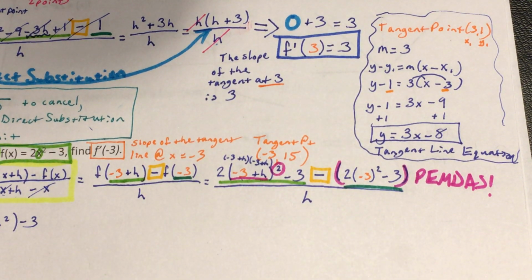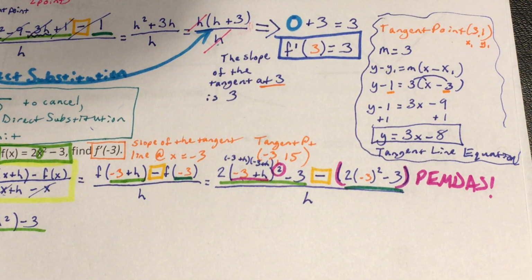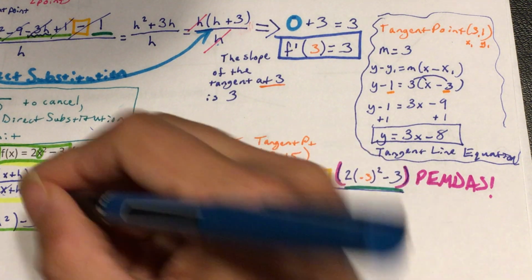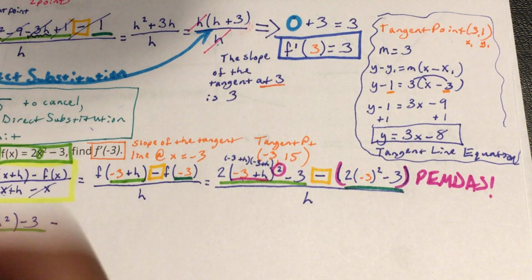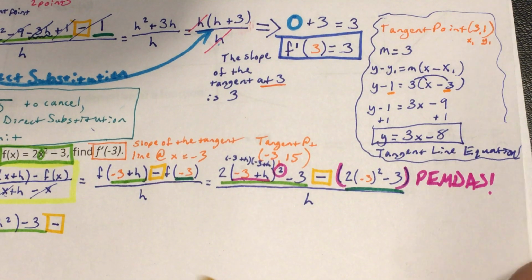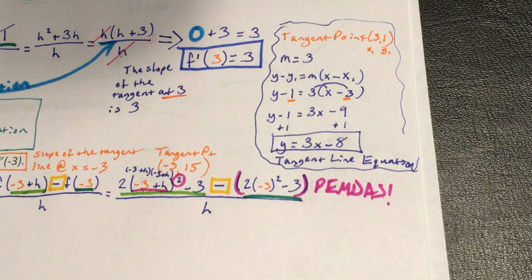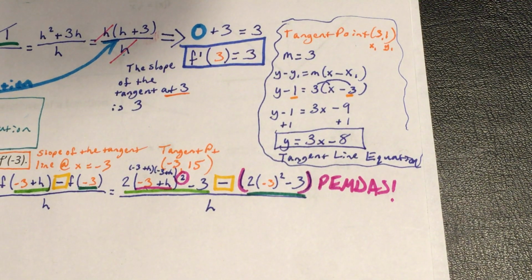So this is still that original light green expression. Then I've got that minus sign anchor. And now we are going to do PEMDAS on the dark green expression. So again, we have to do the exponent before we do our multiplying.